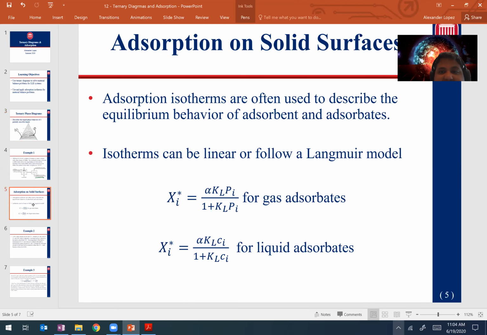One last thing, we're really not gonna do a whole lot on absorption, primarily because a lot of it's empirical and the models are a little complex. But touching base on absorption, it's essentially a method where a liquid or vapor material adheres to solid material as a form of separation.